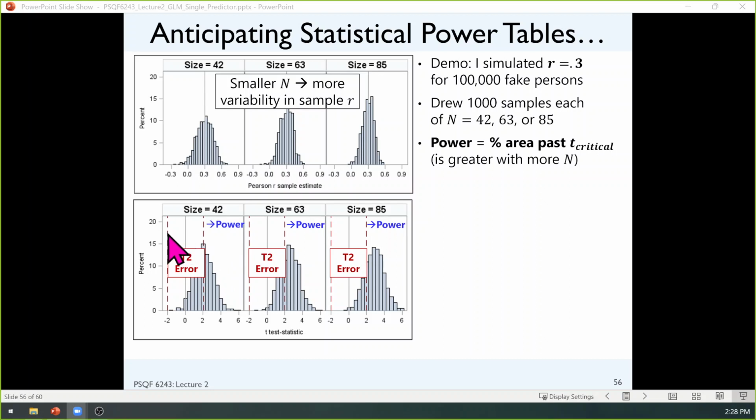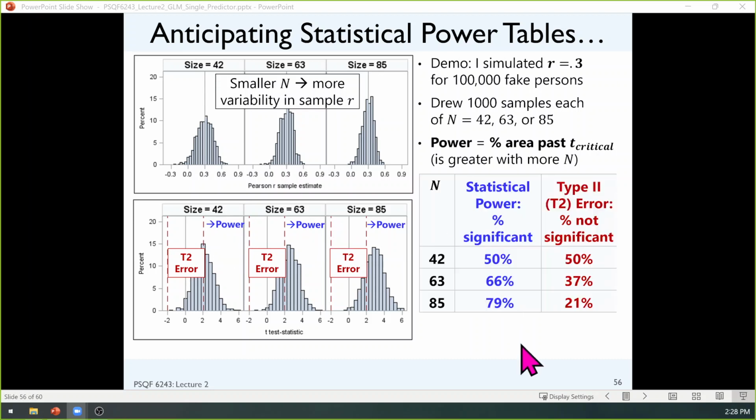So I can literally compute the proportion of samples in which I ended up on the left side and the proportion of samples in which I ended up on the right side. Right side is power. Left side is type 2 error. And I'm looking at this table going, yeah, I totally should have reversed these two columns.